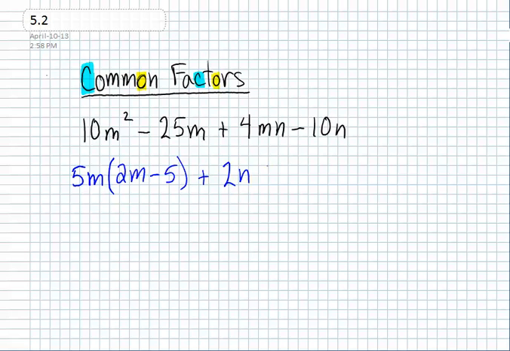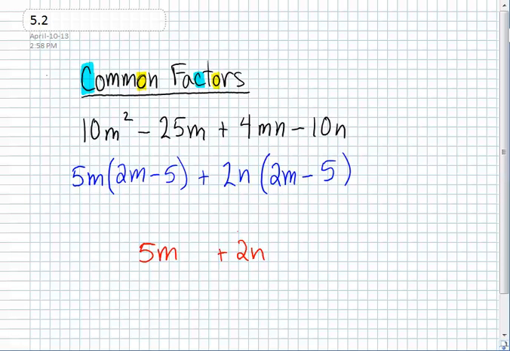And what does that leave you with, you might say? Well, hopefully you saw that the answer was also 2m minus 5. So you're probably recognizing then that those 2m minus 5s are common factors as well. Okay, it's 5m times 2m minus 5 plus 2n times 2m minus 5.